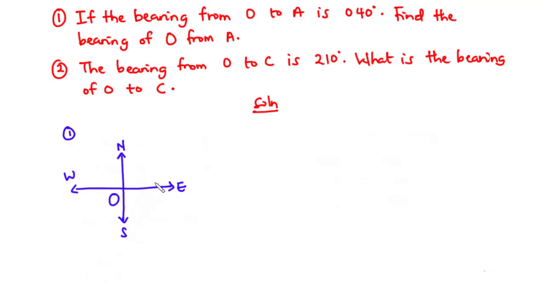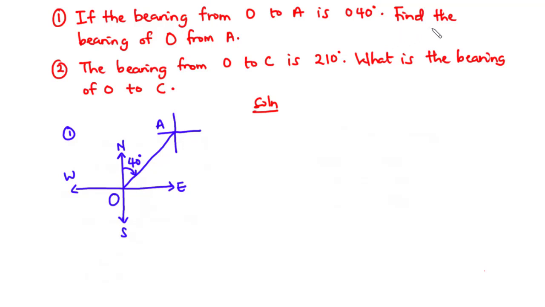So we are going to take our direction from the geographical north 40 degrees in the clockwise direction. Now let's draw a line connecting O and then A. So this is point A, and we have the bearing to be 40 degrees. So this is the bearing from O to A, 40 degrees.